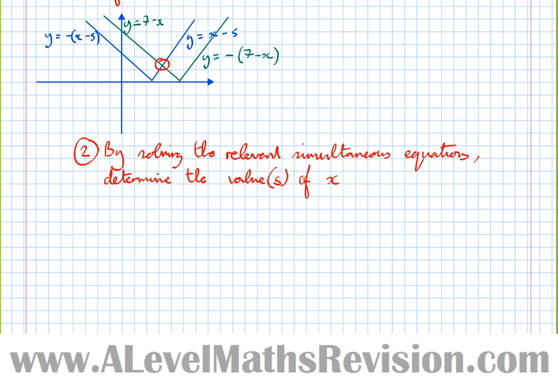So I can see here the equation that I want to solve is where my equation of y equals x minus 5, not the negative version of it, but the positive version of it, y equals x minus 5, meets this graph here, which is the graph of 7 minus x.